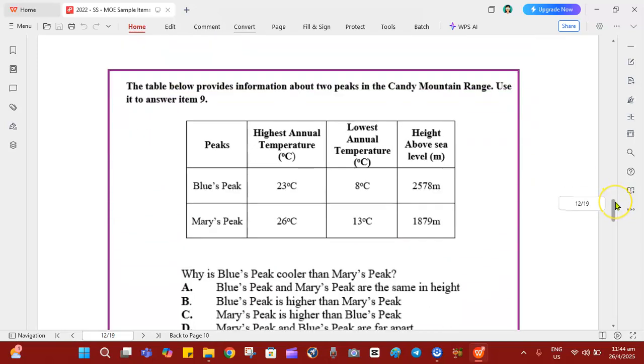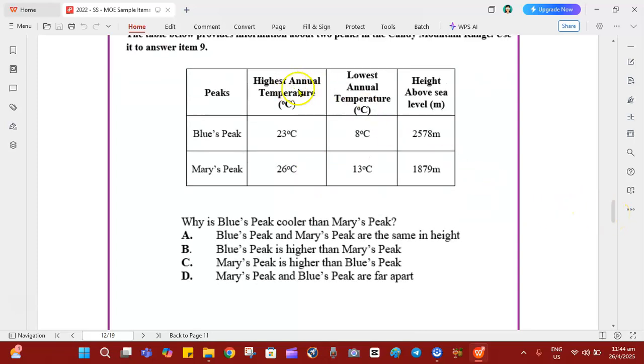All right, so the table here shows you two mountain peaks, Blues Peak and Mary's Peak, and we're seeing their height above the highest annual temperature, lowest annual temperature, height above sea level. So you look at all of these carefully and see the highest for each, the lowest for each of them, and how high above sea level each of them is. Why is Blues Peak cooler than Mary's Peak?